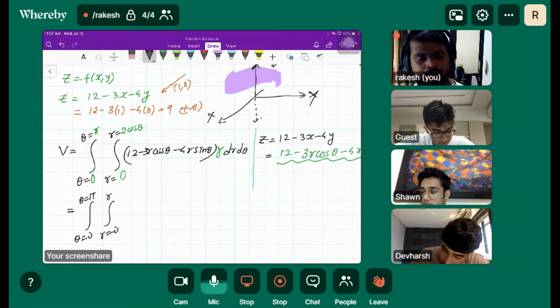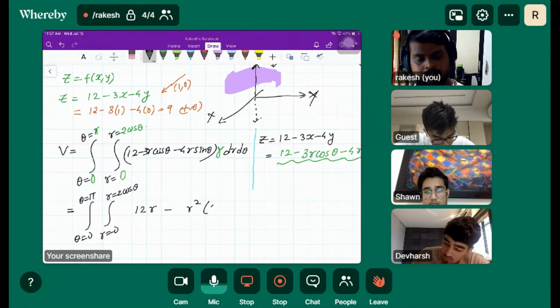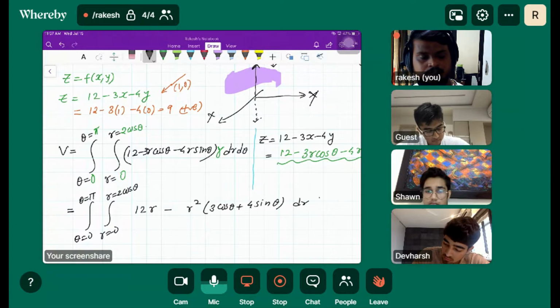R is equal to 0 to R is equal to 2 cos theta. 12 R, not 3, just R square, right? R square bracket 3 cos theta plus 4 sin theta, dr d theta.